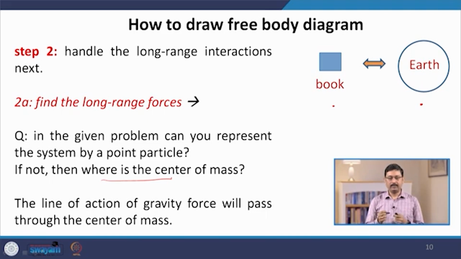It is, simply speaking, a representative point: if you want to represent an extended object by a point mass, then you want to put that point mass somewhere with respect to the extended object, and that special point is the center of mass.